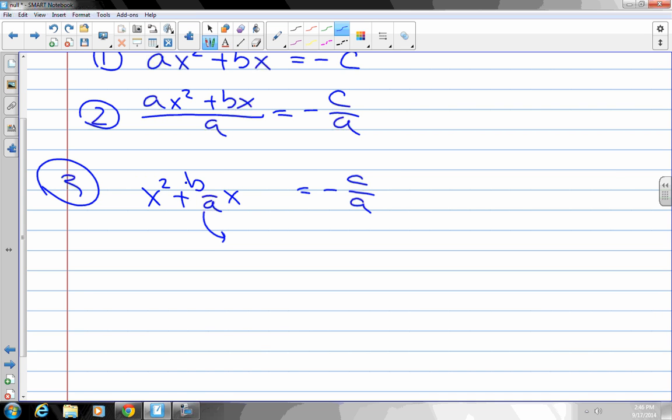Dividing by 2 just puts 2 in the denominator. Because b over a divided by 2 is really times 1/2. That's how you divide by 2. So we're going to add b over 2a squared to both sides. That's that missing term. When you take the constant in front of x, you half it and you square it. That's what you get.